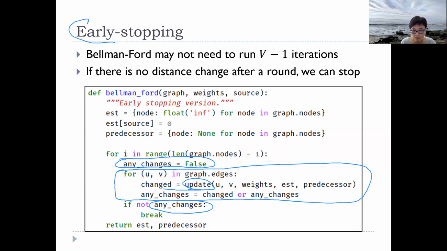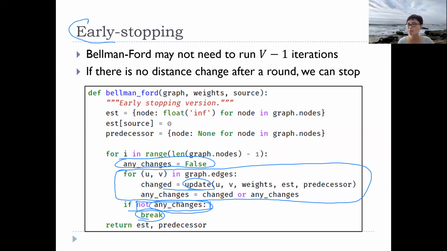If in the end my flag is still false, that means there's no change, and we are done. Running more updates will not find any other paths, because I already went through all the edges and none of them discovered any new paths. If you repeat, it's just going to be the same. So then we break and return early.